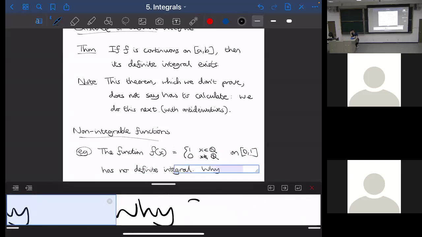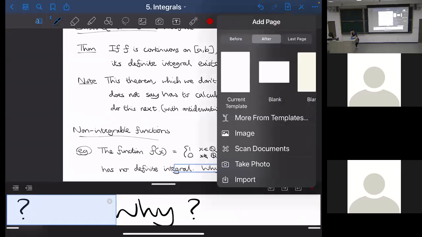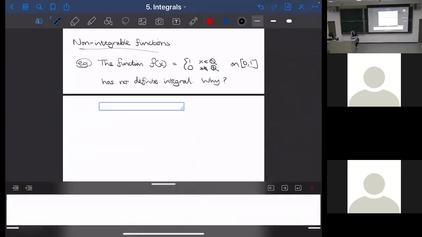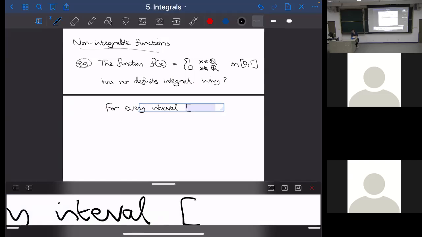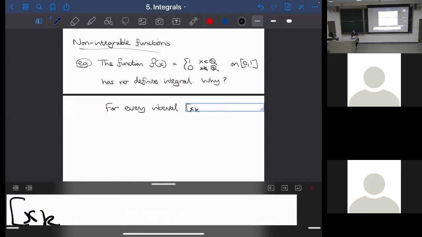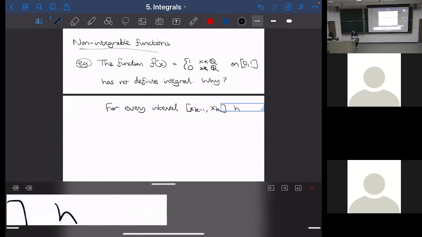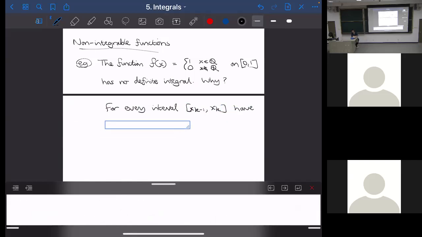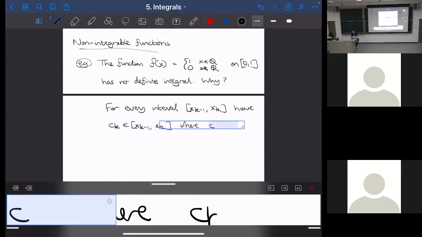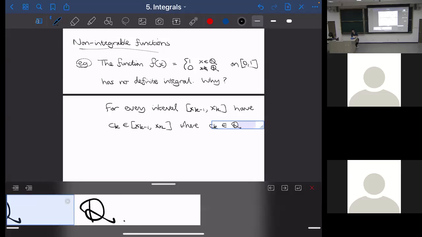So why? For every interval, in particular these intervals x_{k-1} to x_k, we have c_k in that interval, where c_k is rational.